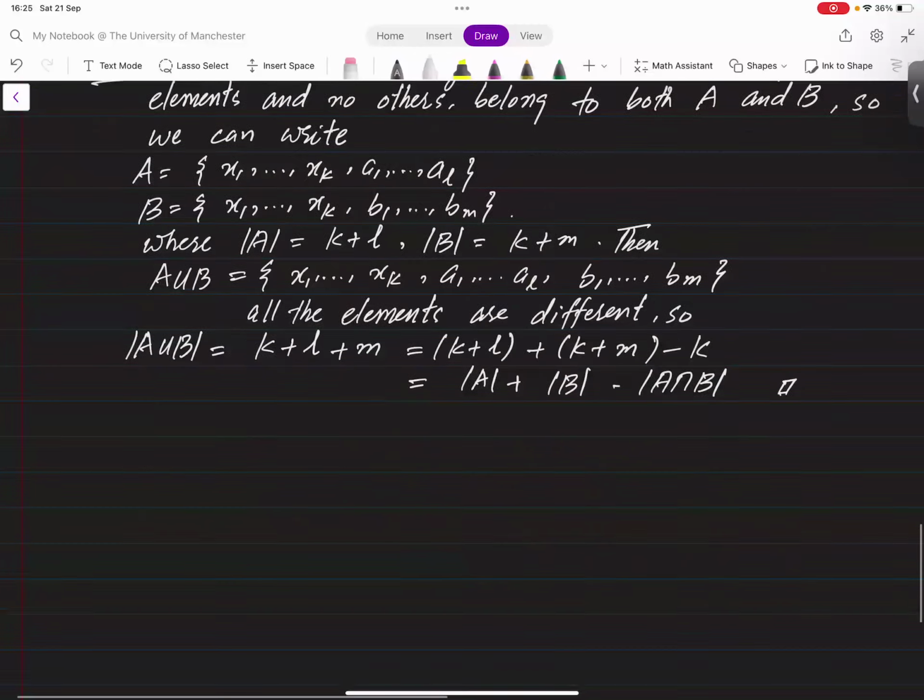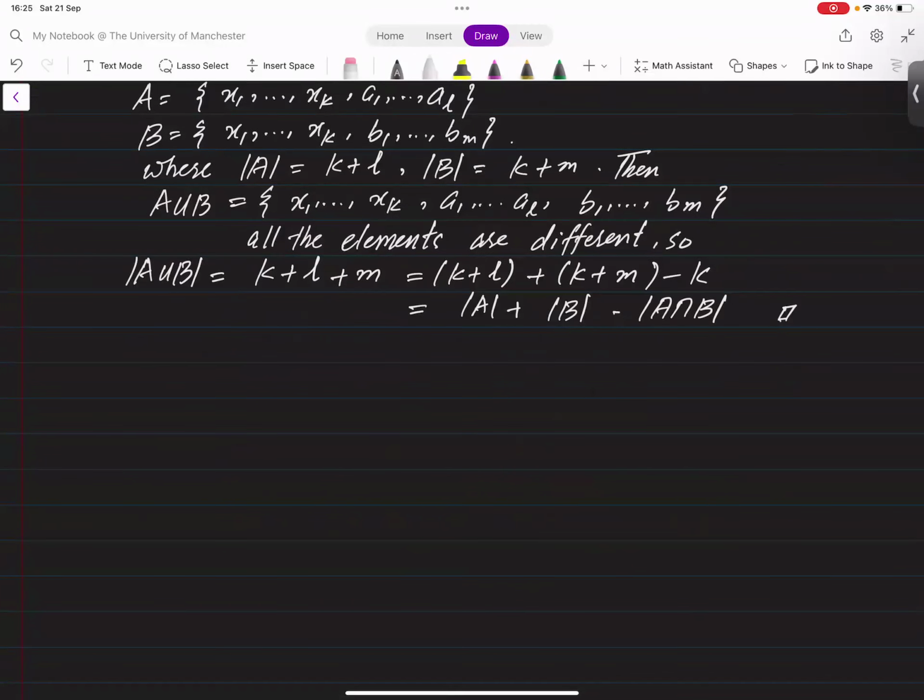So we can give some examples. Let's say we have, let's draw that using a Venn diagram. We have a total of 30 elements, and we have two sets.